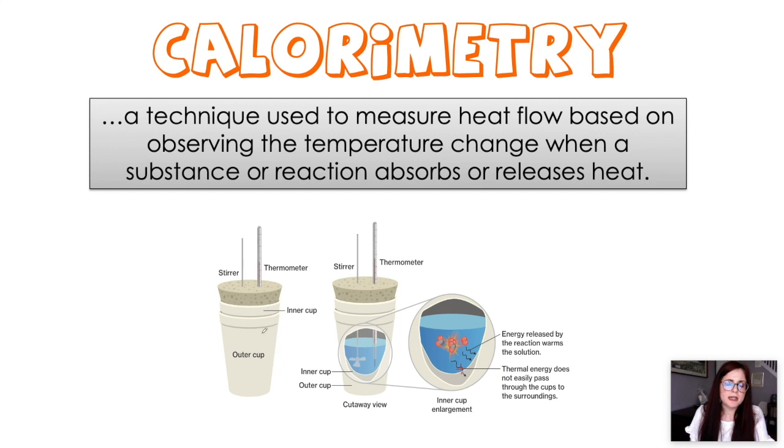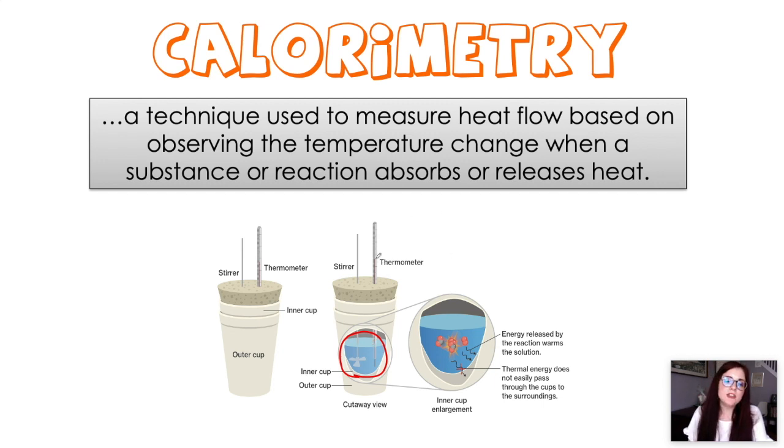You have an inner one and an outer one just to help contain all of that heat. You have a stir rod that you could use to stir, which doesn't usually look that fancy, and a thermometer. And you would have some sort of reaction happening inside of that coffee cup. Whether or not this reaction is absorbing or releasing heat, we can measure that temperature change.